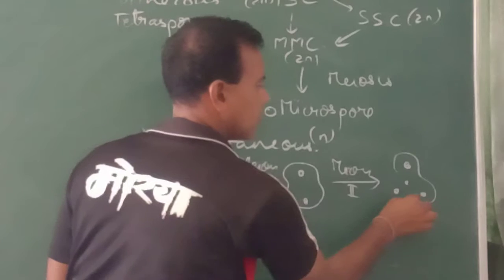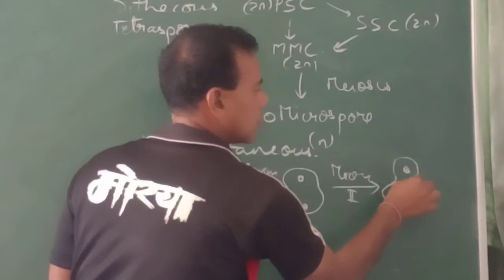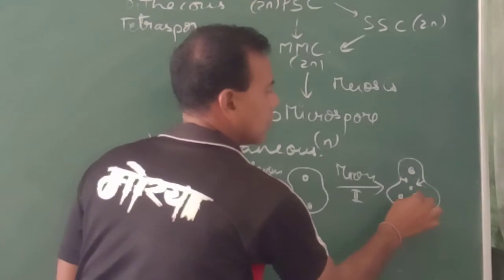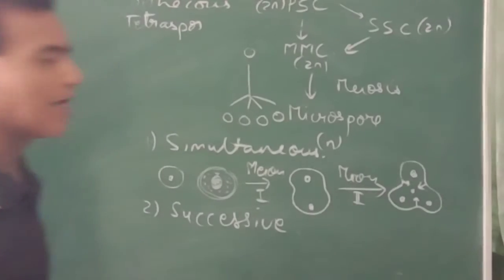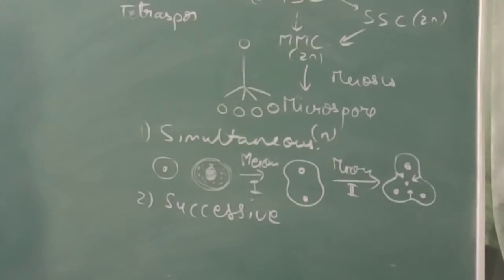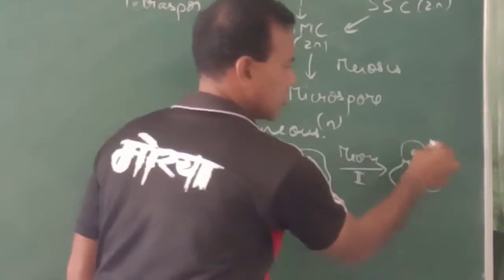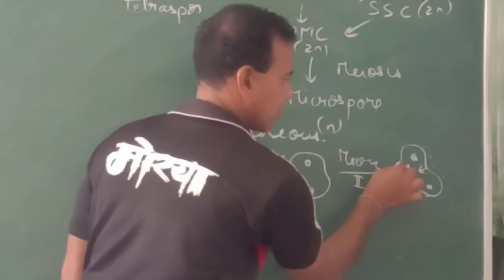and cell walls are formed simultaneously. This results in a structure known as tetrahedral.